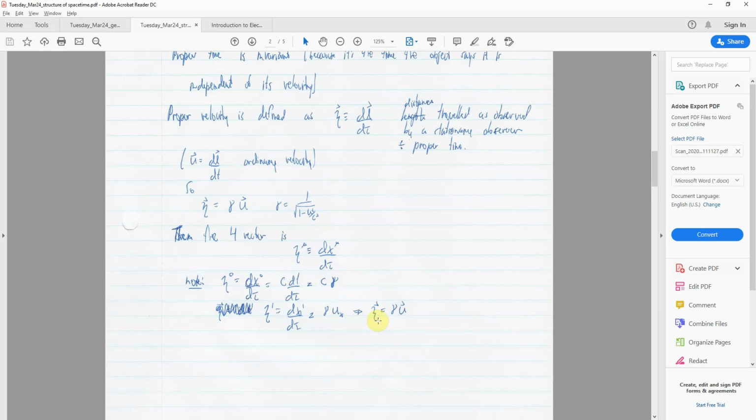And so what that means is that spatially the proper velocity is equal to gamma times the ordinary velocity, and the 0th component, the proper velocity in the time component, is going to be c times gamma.